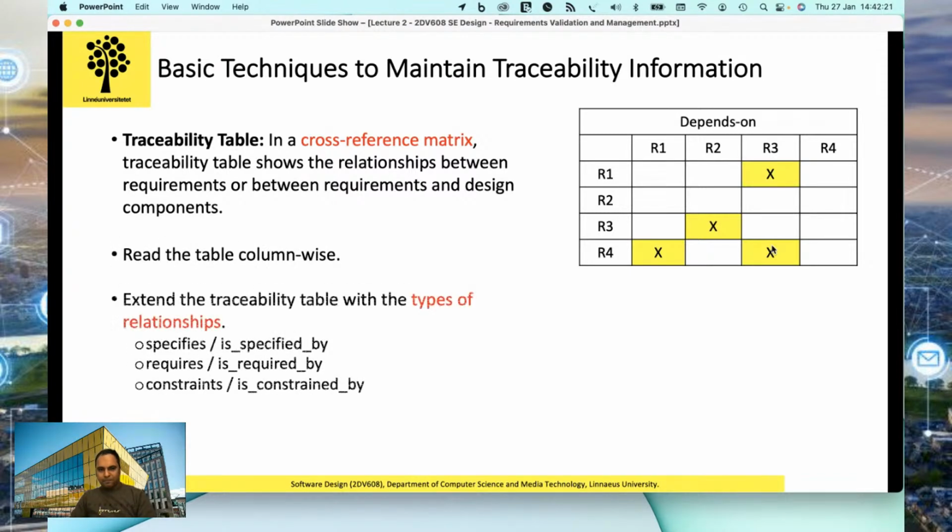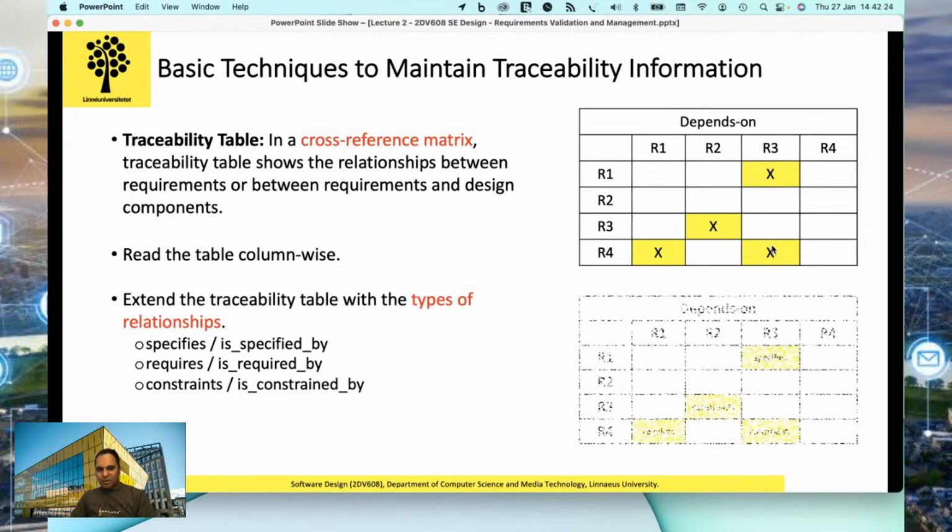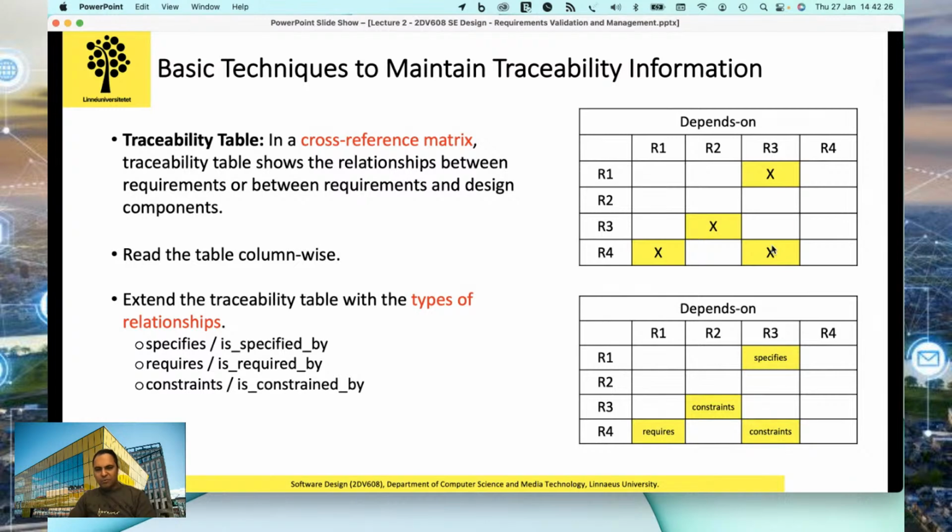So then another way to improve this traceability table, there can be another way to represent this traceability information, that is by different relationships: specifies, requires, and constraints.